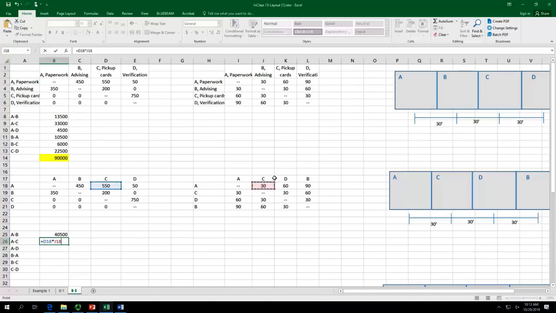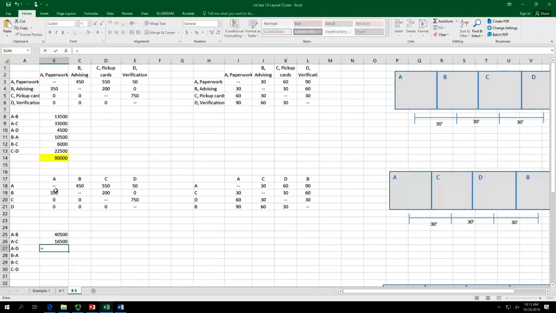You see, I change the layout, and now this part is ACDB. So here is 550 times AC. Did you see what my formula is over here? A and C, and the people count is still 550, but AC distance now is 30.